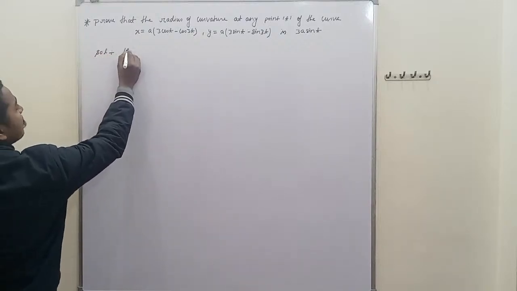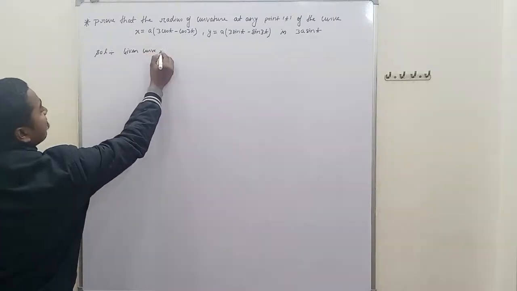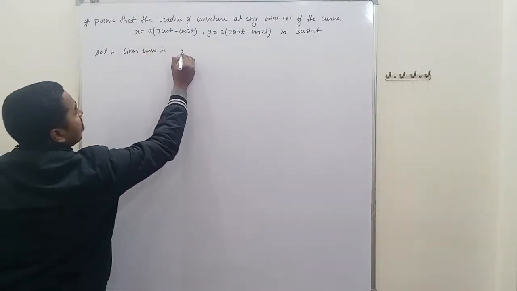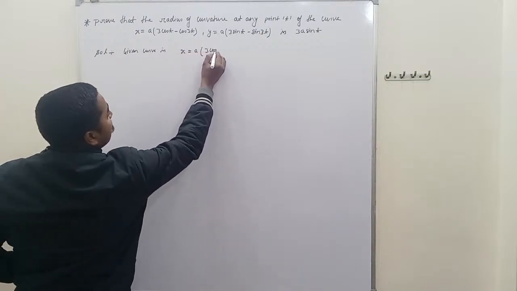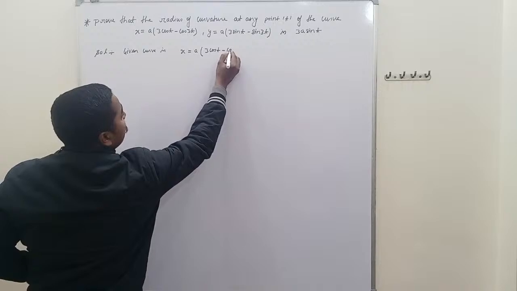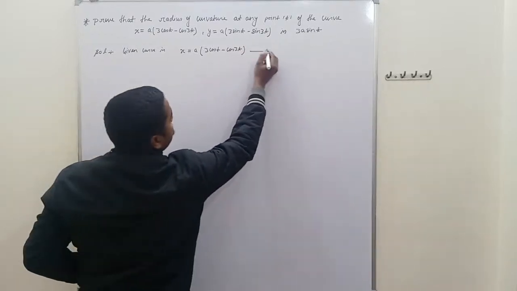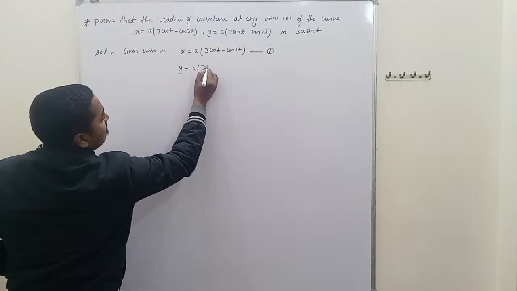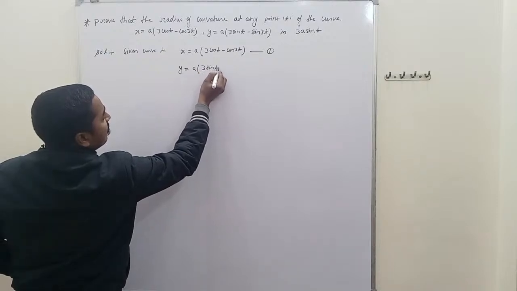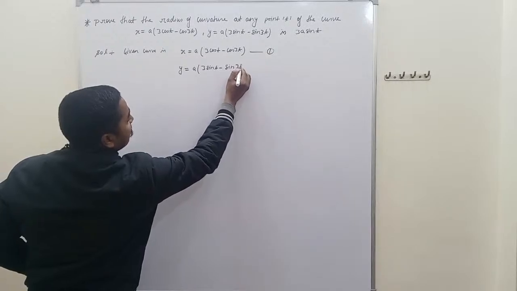Given curve is x = a(3 cos t − cos 3t). Let this be equation 1, and the second curve is given by y = a(3 sin t − sin 3t).